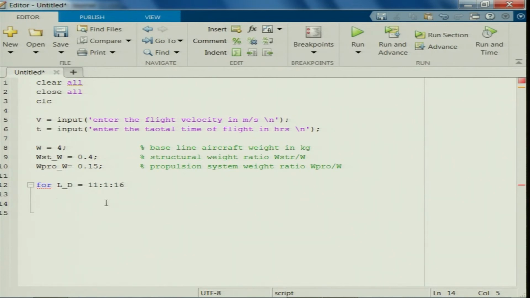for each and every time you need to start with the baseline, whether it is L by D 11 or L by D 12 or L by D 13 or L by D 15. So, the baseline aircraft details are one and the same, right. So, before entering into the loop, I would like to give the structural weight ratio as an input here.